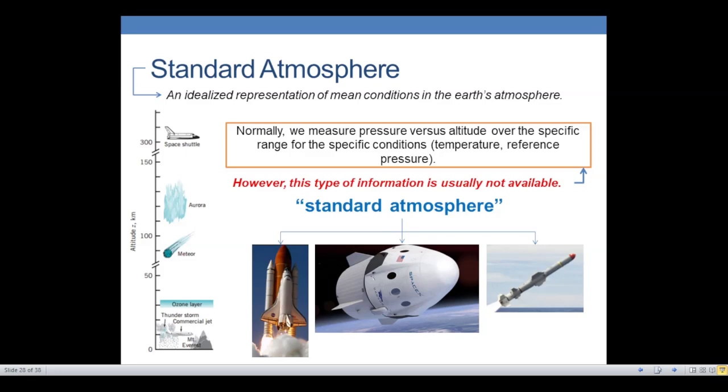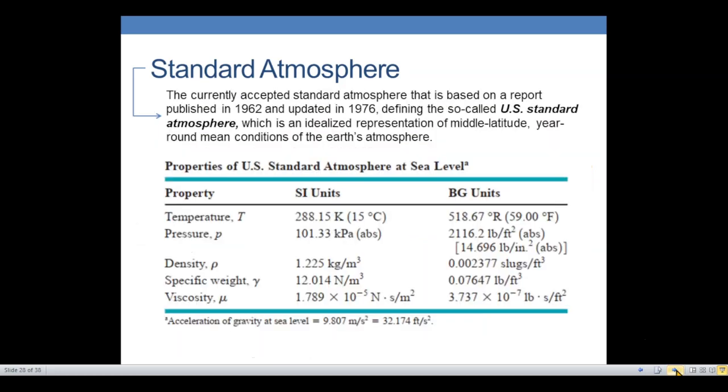So, what is this standard atmosphere? The standard atmosphere is the currently accepted standard that is based on a report published in 1962, a long time ago, and was updated in 1976, also quite a while ago.